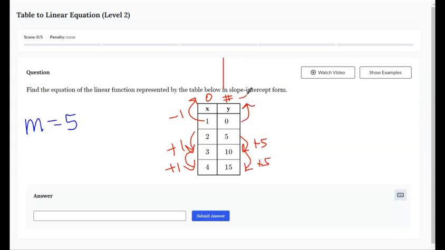So I'm going to subtract 5. So that makes my b value negative 5. Now when I type it into my answer key, I write y equals, first the slope, 5x, and then the y-intercept, minus 5. And that's it.